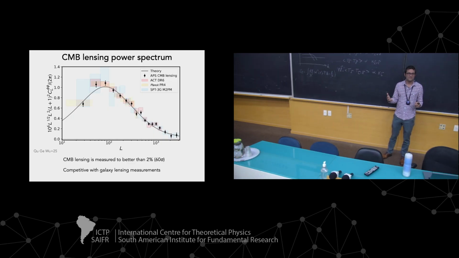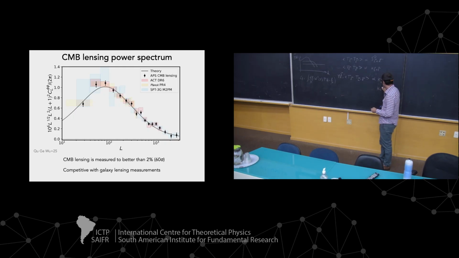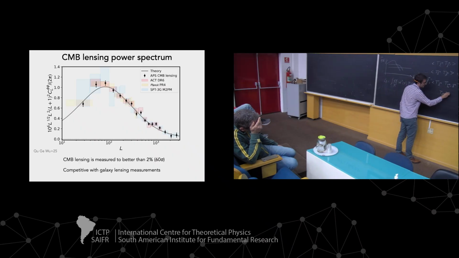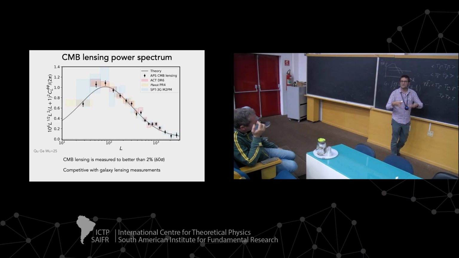I get only one. But my point is that if I want to build an estimator for kappa, my estimator can just be the average of those T_L times T_{L minus l}, where this is no longer an expectation value over an ensemble.